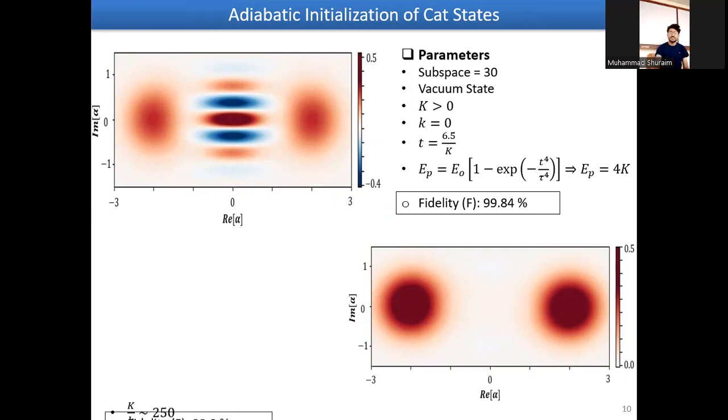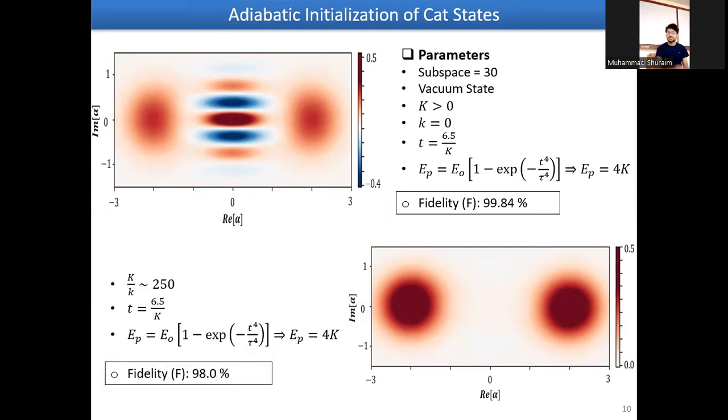The fidelity of the operation is 99.84%. And when we take into account the single photon loss error, the fidelity reduces to 98%, but it is still high enough for use in two-qubit gates or single-qubit gates. And the figure is plotted at t equal to 0.5 over K.